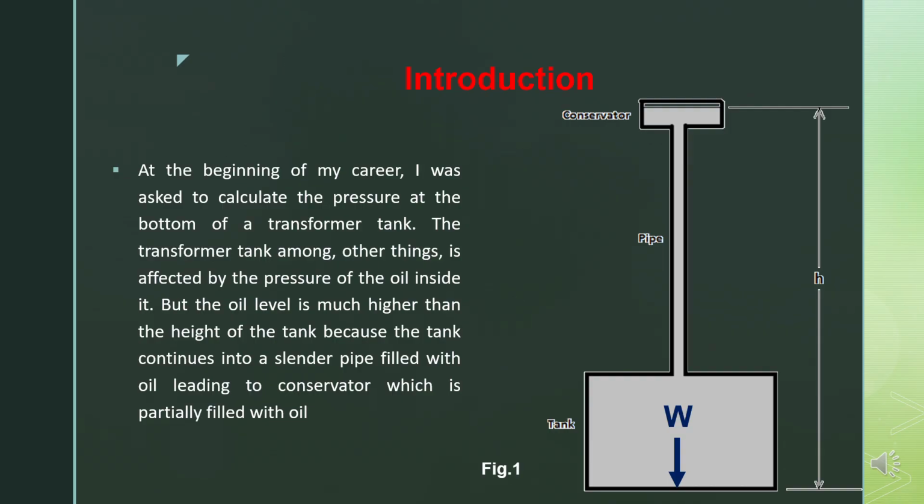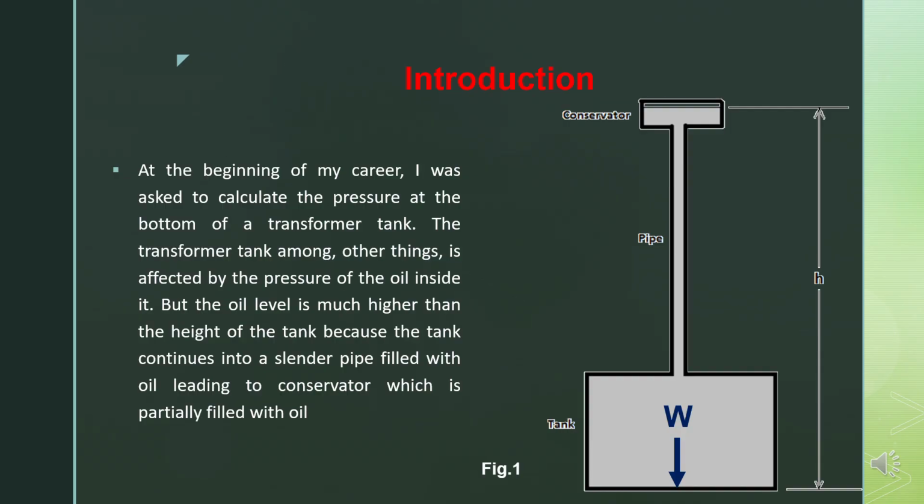Once I had to deal with this interesting problem of calculating the pressure at the bottom of a transformer tank. This transformer tank is connected to some slender pipes which go up to great height, ending in a conservator, which is somewhat like a small tank by itself. All of this is filled with oil.